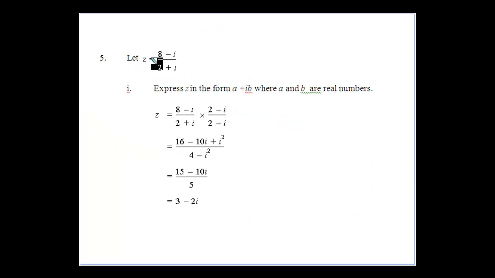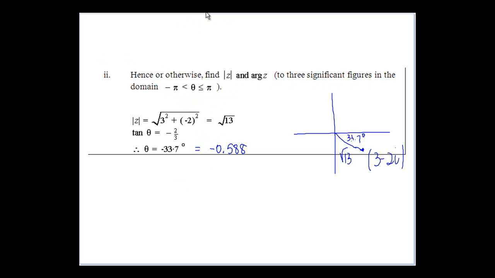So for this one, let z be equal to (8 minus i) divided by (2 plus i). Express z in the form a plus ib, where a and b are real numbers. Well, we did that the other day. Last week we multiplied by its conjugate and got down to that number. Then find the modulus of z and the argument of z.